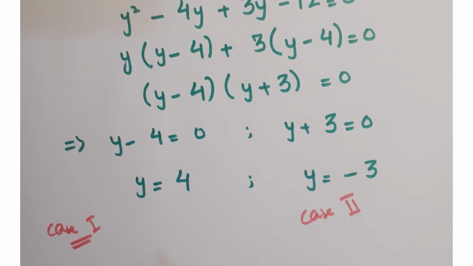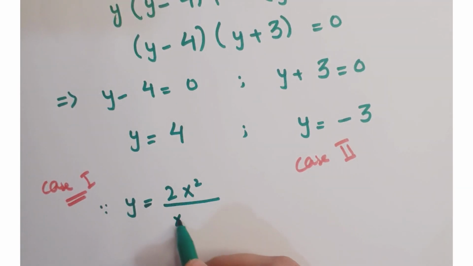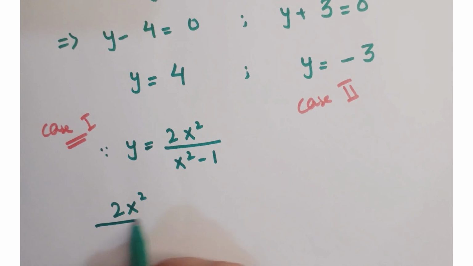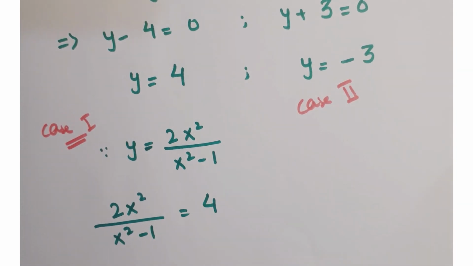In case number 1, since we have assumed that y = 2x²/(x² - 1), replacing this, you get 2x²/(x² - 1) = 4. Now just cross multiply.